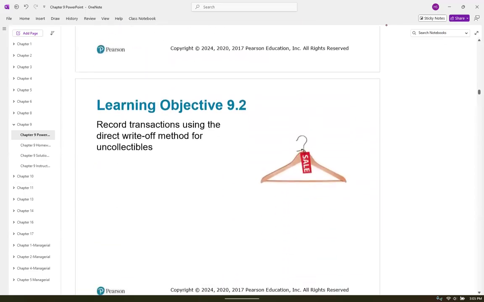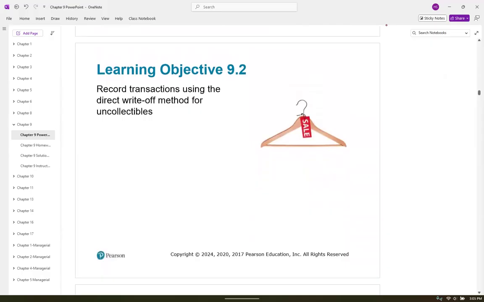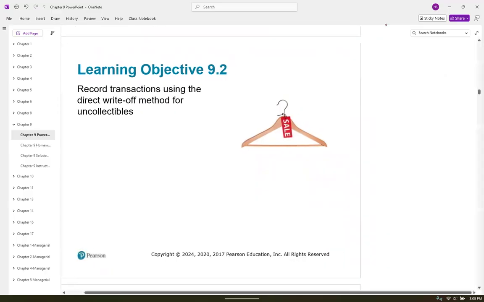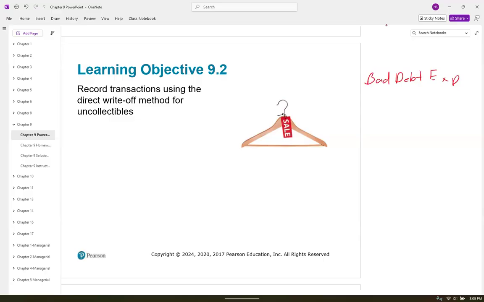All right. We're going to move on to learning objective 9.2. Here we are going to learn about the direct write-off method. Before I get too much further, I want to write out a little triangle. I haven't ever seen this in a book, but if it is there, they stole it from me. There are some ways to keep up with bad debt expense. We have two broad ways.